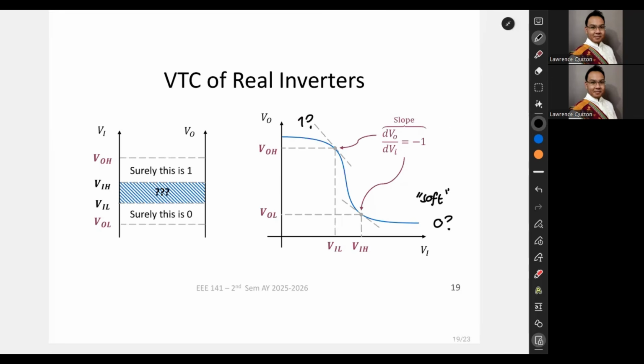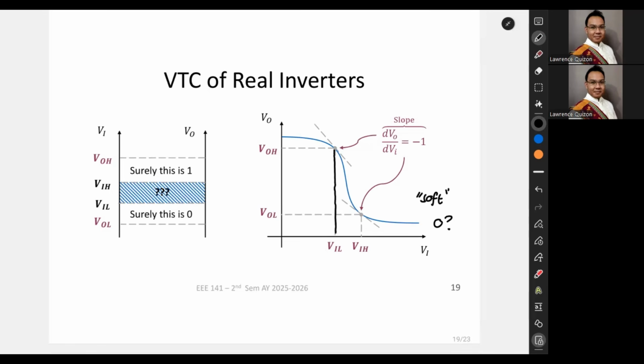This is where the concept of VIH, VIL, VOL, and VOH appear. We define these quantities at the points where the slope of the voltage transfer curve becomes -1, exactly -1, but this is an arbitrary decision. So what does that help us do?